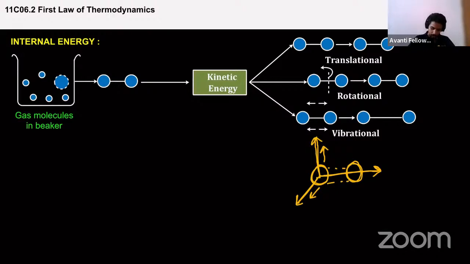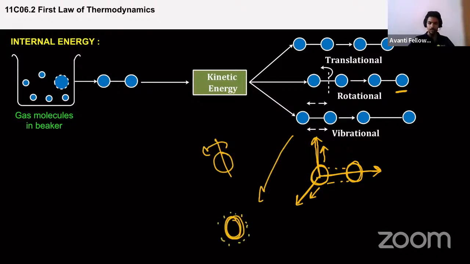After that, you can see the molecule can rotate around itself, right? That is nothing but rotational energy. And the molecules can vibrate also. Slightly they will vibrate, not totally. This is also a possibility.